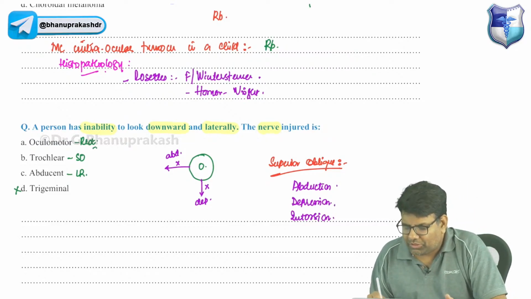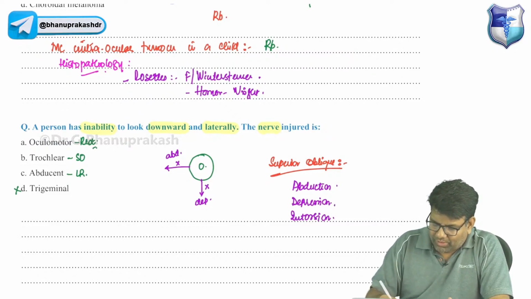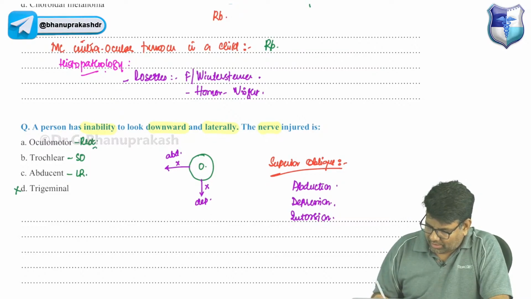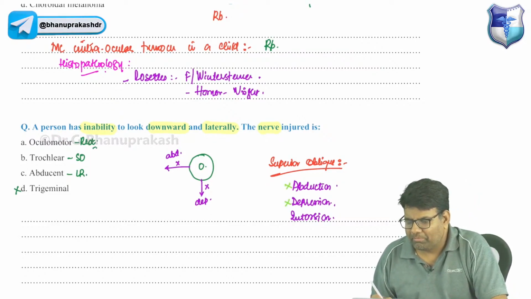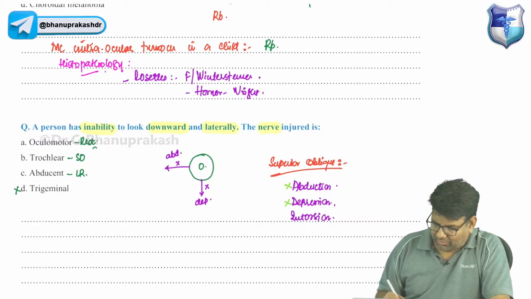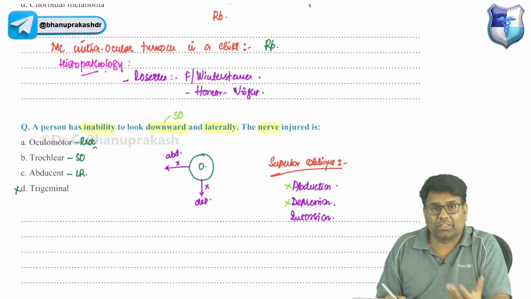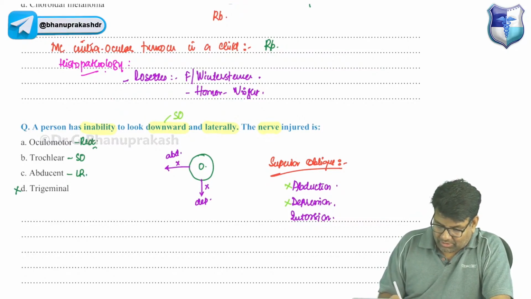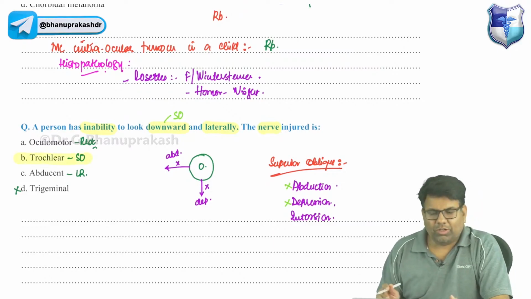So these are the three functions of superior oblique. Obviously in the question we are given two of the functions which are gone. Based on that, we can presume that this question is discussing the superior oblique muscle. And since we know that superior oblique is supplied by the trochlear nerve, the answer would come out to be trochlear nerve.